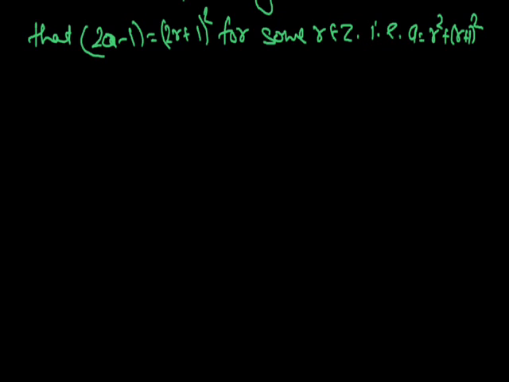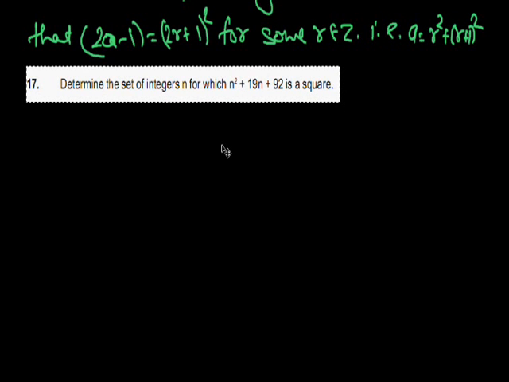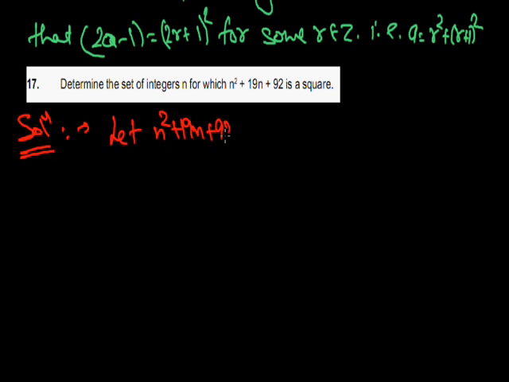The next question is question number 17, that is, determine the set of integers n for which n²+19n+92 is a square. To solve the given question, let n²+19n+92 be the square of a number m.